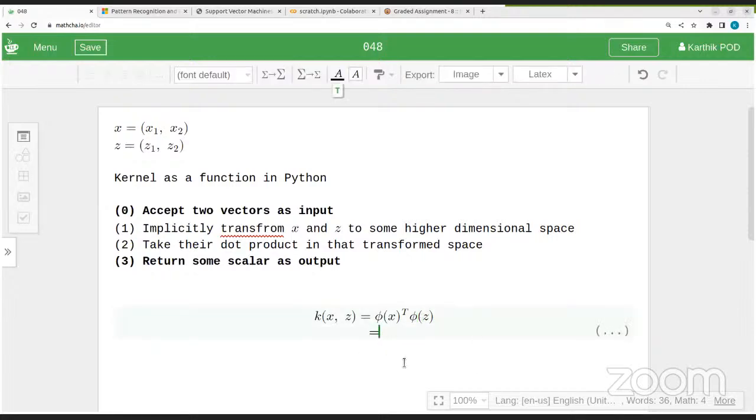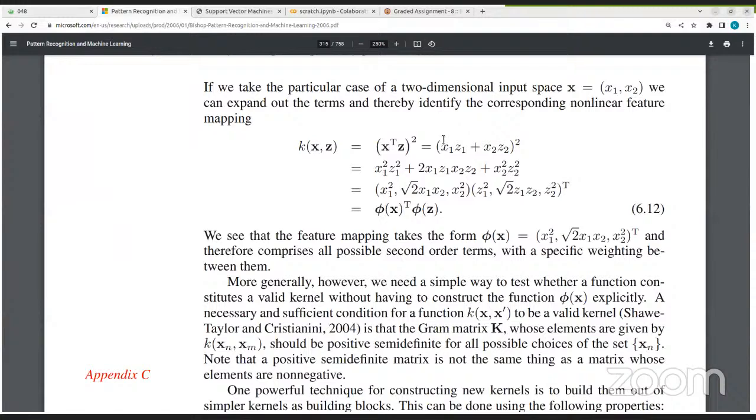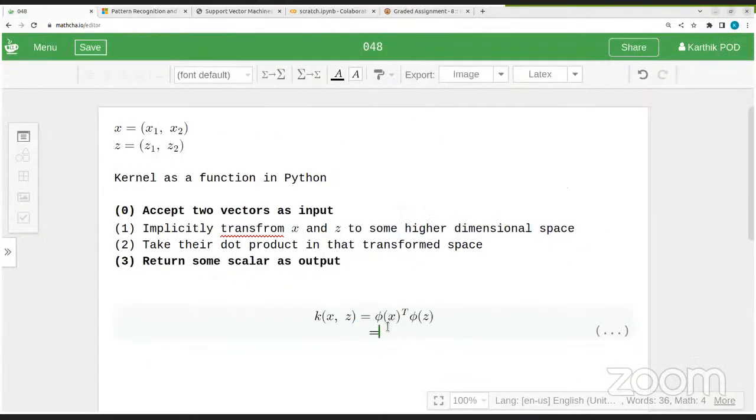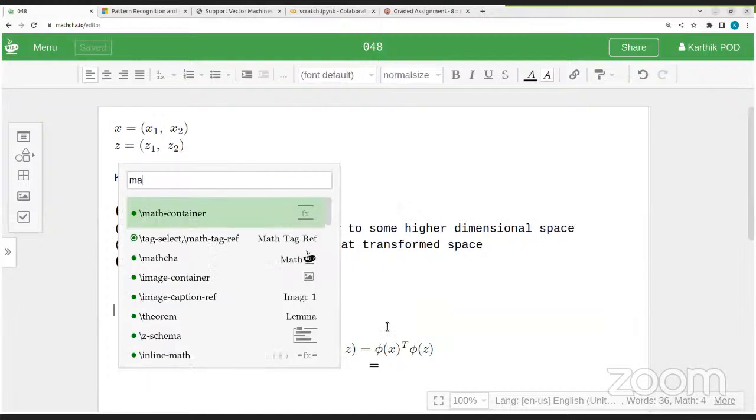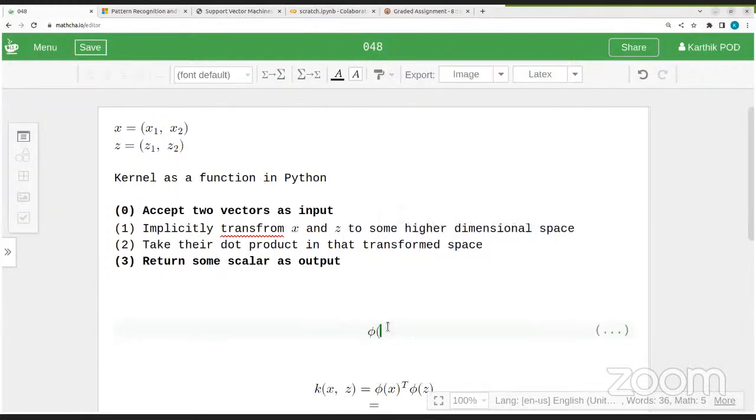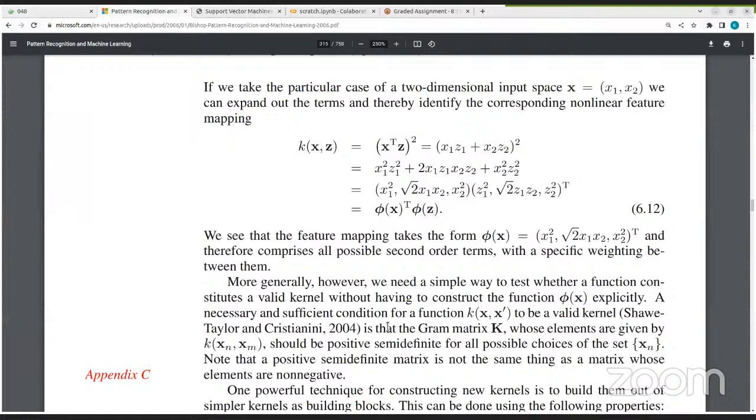Okay, so in this example, what they have done is they have used this particular transformation. So this is one kind of kernel that you can get. So phi of X is, what is that?